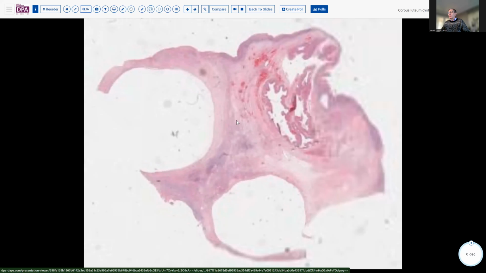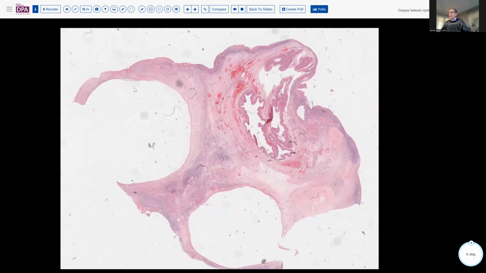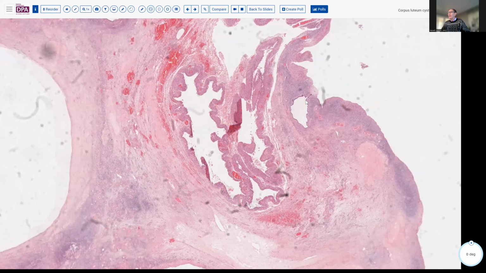So just to illustrate from the relatively minor to the more serious, here's a section of ovary with some ovarian cysts, a little corpus luteum that's resolving. And over here, we have a little fragment of glandular tissue dilated, a little bit of surrounding stroma that represents endometriosis.